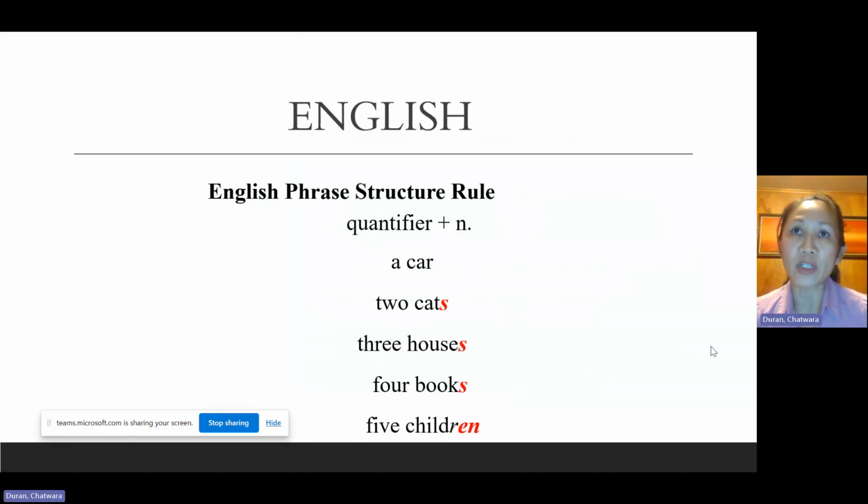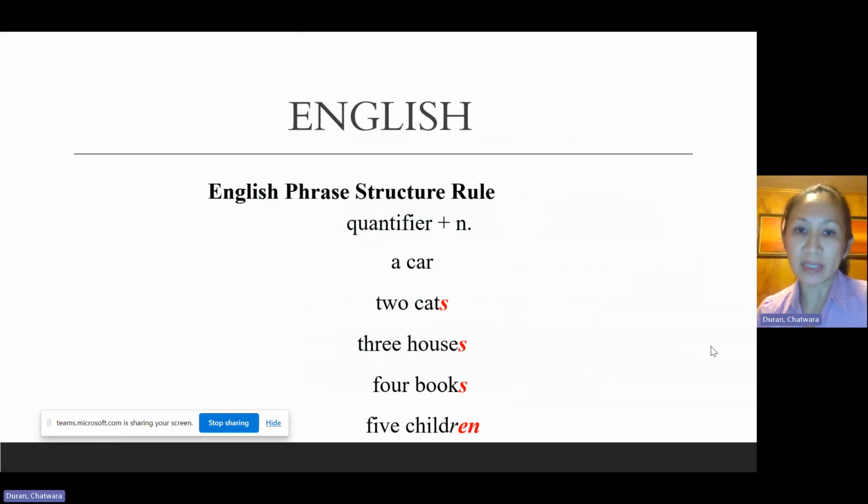And for more than one child, you put five. Five becomes a pre-nominal quantifier or modifier for child. And you put en, which is a plural marker for this word. For the sake of pronunciation, our English-speaking ancestors put R and then en there.